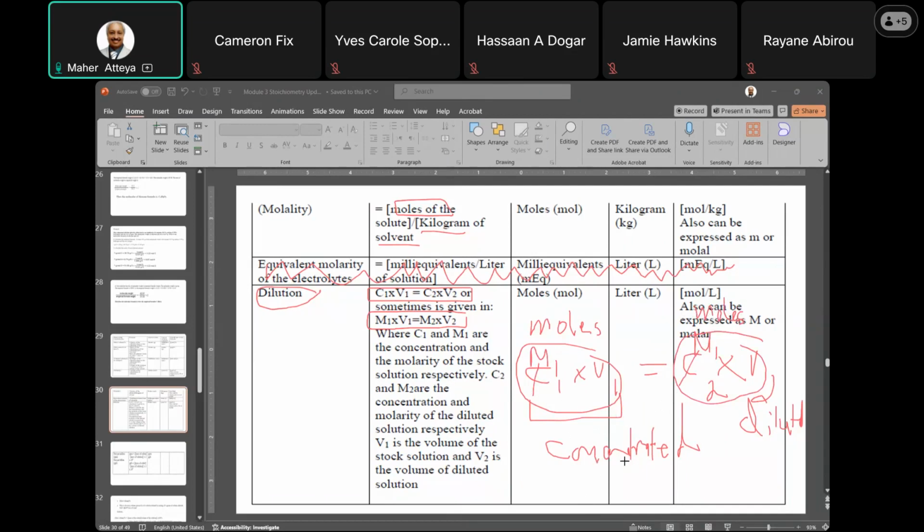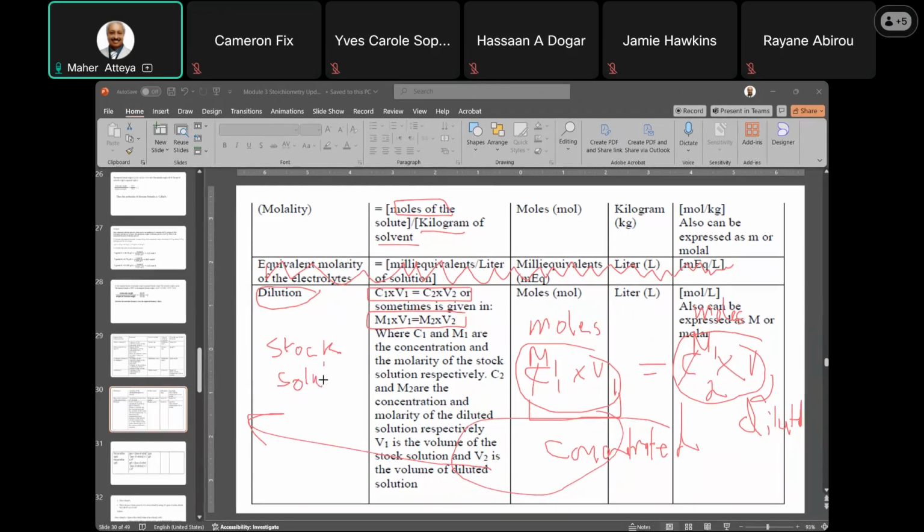Now, the concentrated has another name. They call it stock solution. When we dilute, we always take from the stock solution. This is a pure solution, which has not been diluted at all. This came from the manufacturing company as is. We call it stock solution, and we keep it on the shelf.